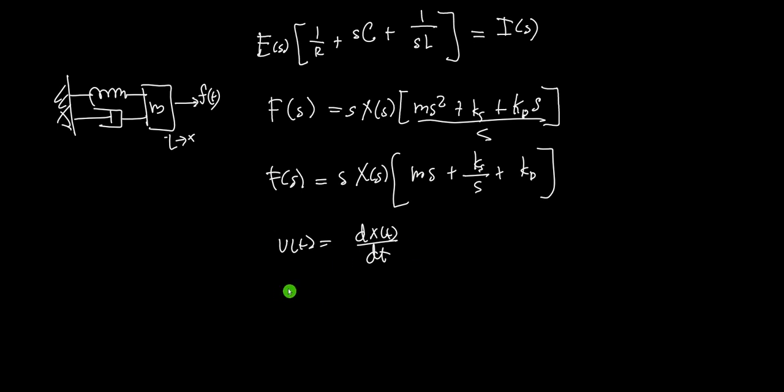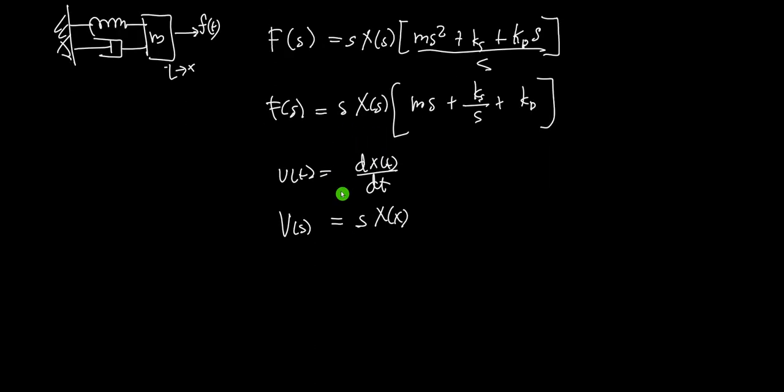So if I take the Laplace transform, V of s, the velocity, will be equal to s times X of s. So we can change this into the velocity. The equation becomes F of s equals the velocity in the s domain, multiplied by m s plus k s over s plus k d.